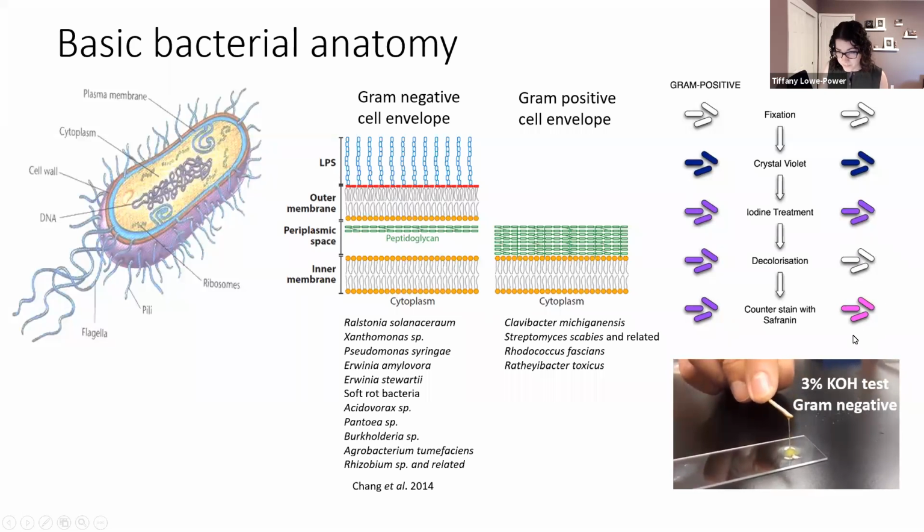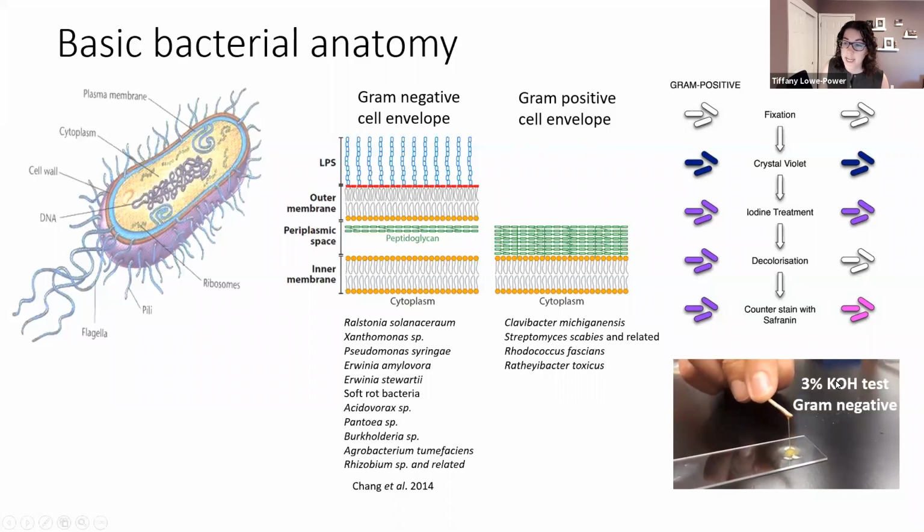pink cells. A much simpler method is to see how resistant the bacteria are to lysis by basic conditions. So gram-negative bacteria with their lipid membrane, it's really susceptible to lysis in extreme basic conditions.